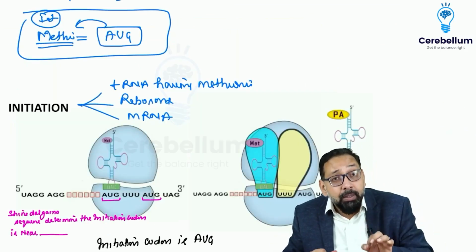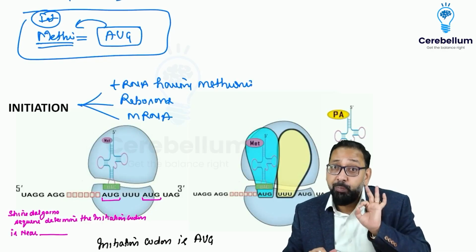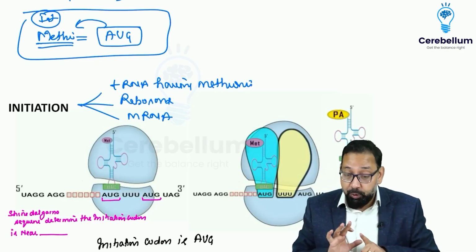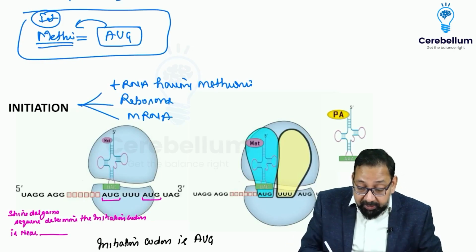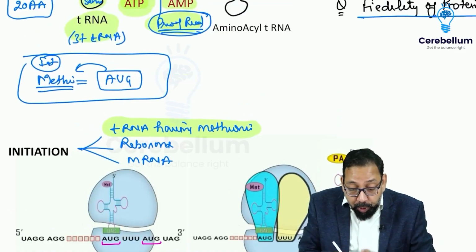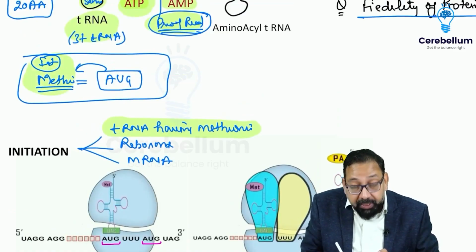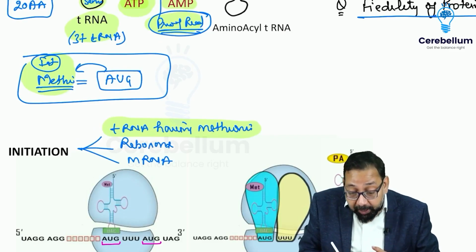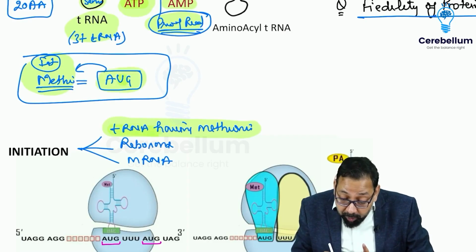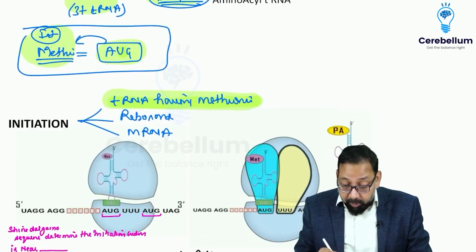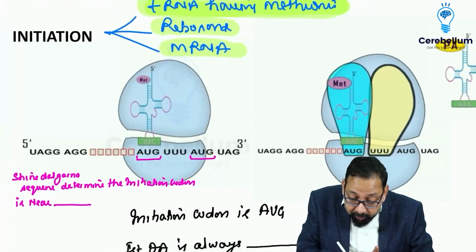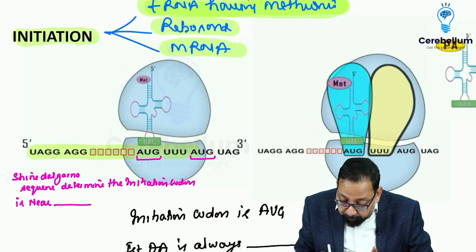Now we start initiation. Initiation of protein synthesis. Initiation means formation of the initiation complex. The initiation complex is made up of transfer RNA having methionine. I told you the first amino acid is always methionine, and the codon for methionine is AUG. So transfer RNA having methionine, ribosome and messenger RNA. So you can say this is initiation, formation of the initiation complex.